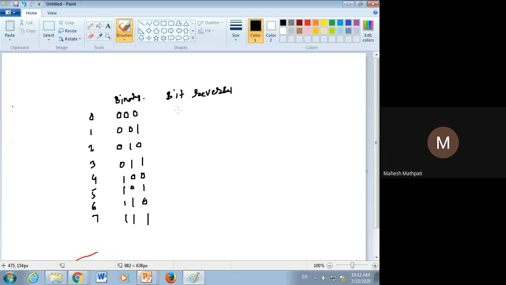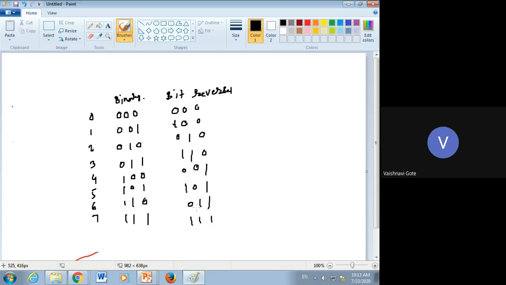If you reverse this, 000 will not change. So what will be for this? It is 100. The next 010. Then 110. The next 001. Then 101. Then 011. And then 111. Understood this bit reversal?